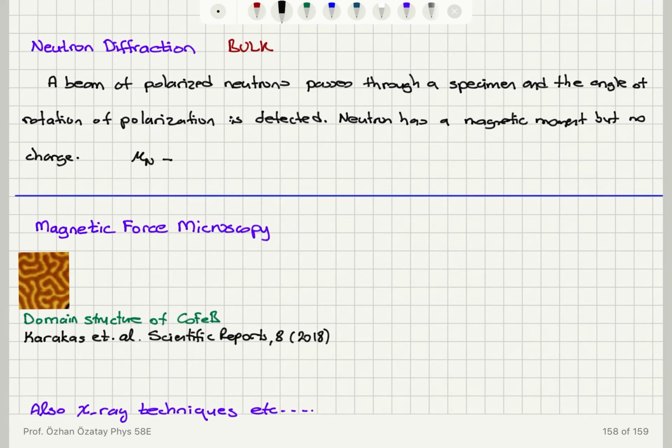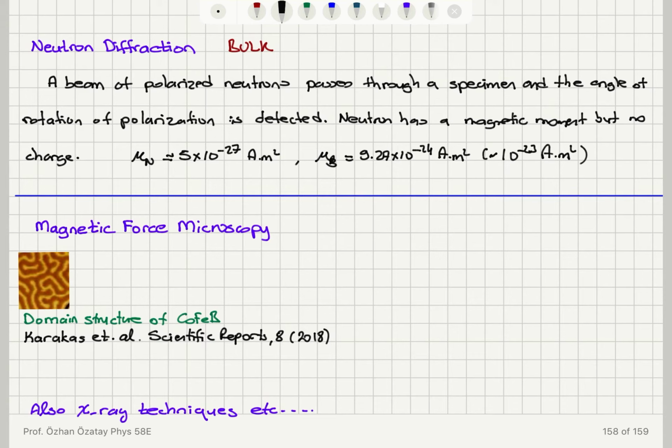The magnetic moment of a neutron is of the order of 5 times 10 to minus 27 ampere meter squared. The Bohr magneton, if you remember, is 9.27 times 10 to minus 24 ampere meter squared, which is of the order of 10 to minus 23 ampere meter squared. So there's orders of magnitude difference between the magnetic moments.